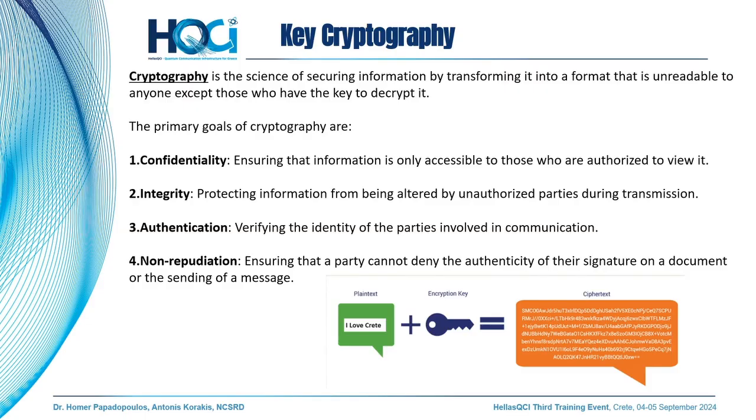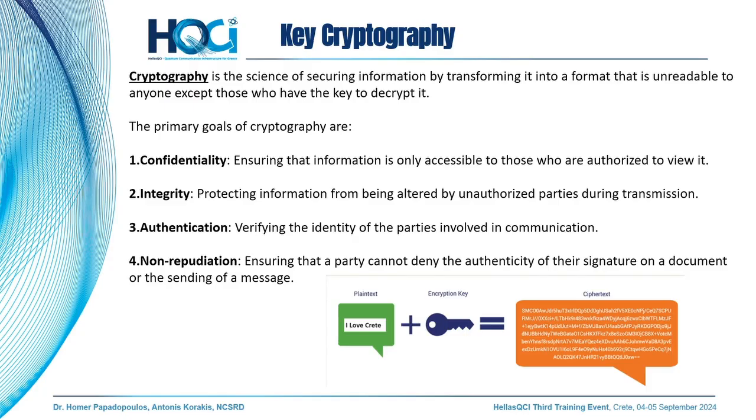What I wanted to say on this slide is that we are working in the domain of key cryptography, not other modes of cryptography, because there are also code cryptography, etc. As we said yesterday, we get a key. What is a key? It is a random number.